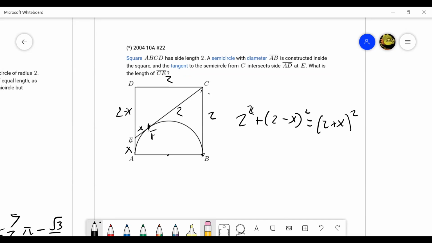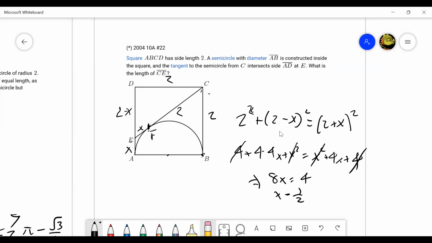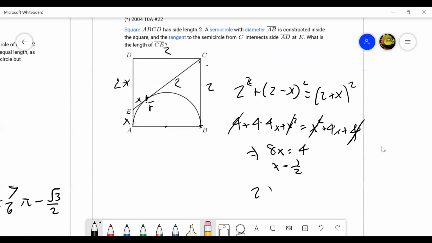After that, this is just simple algebra where you have 4 plus 4 minus 4x plus x squared equals x squared plus 4x plus 4, and the x squares cancel out, and eventually you're left with 8x equals 4 and x equals 1/2. That means that CE is just 2 plus x, which is 5 over 2. And that would be the final answer.